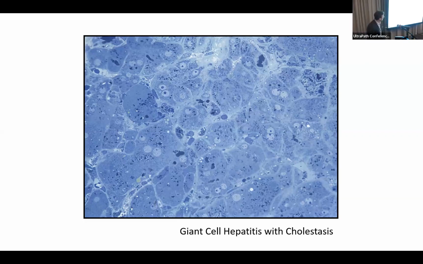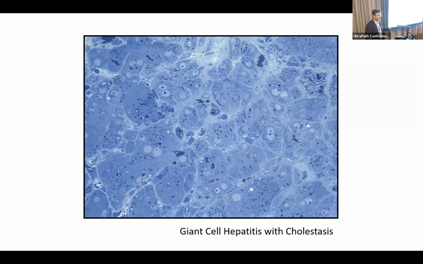So illustrated in the next series of images, this is a pretty typical azure blue stained giant cell hepatitis with cholestasis. Importantly, it's not unusual at all to see binucleated hepatocytes. That's something that's very common.